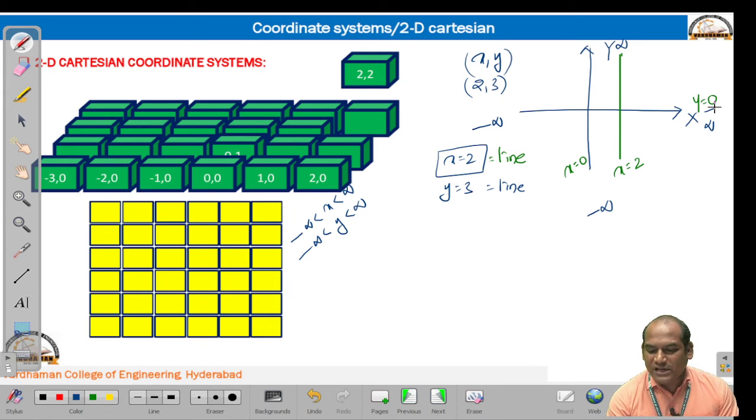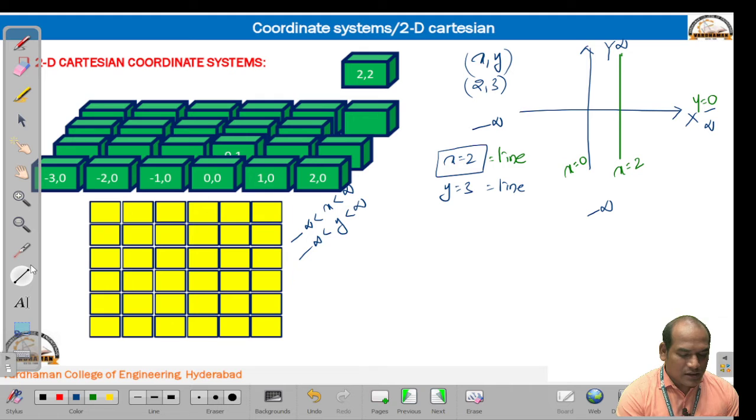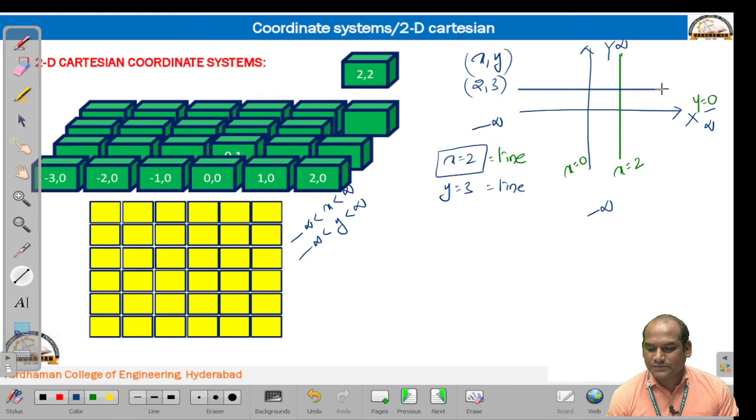y is equal to 3 means now I have to draw a horizontal line. Okay, this is y is equal to 3. y is equal to 3 means a horizontal line, x is equal to 2 means a vertical line. So, if you have the information about the y value, that is y is equal to 3, you can draw a horizontal line. Now, you can tell the point is available on that particular horizontal line, not below, not above.